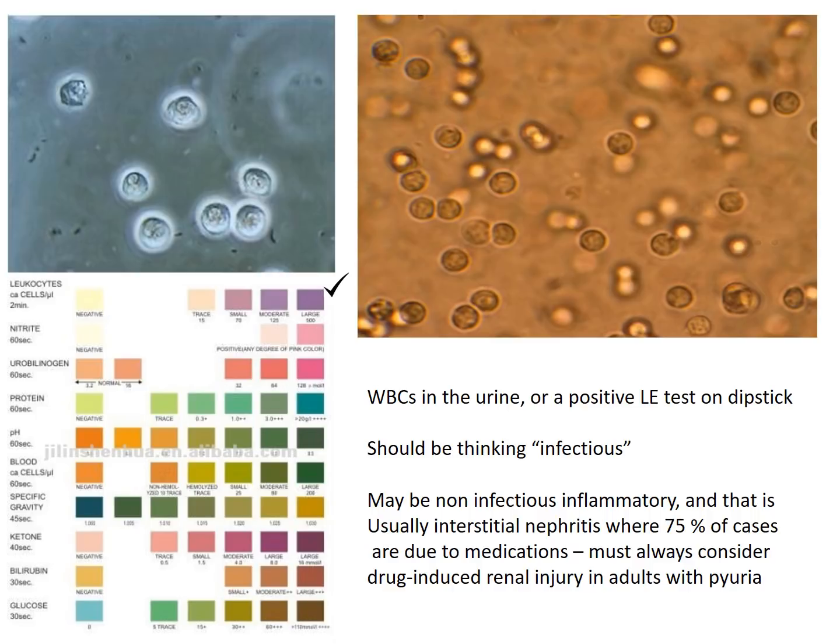And you can see in the panel of the dipstick, one of those is going to be the LE, or the leukocyte test. Again, it's an enzyme of white blood cells. If that is testing positive for leukocyte esterase, you can make the assumption that there's white blood cells in there, and you may not do the microscopic.